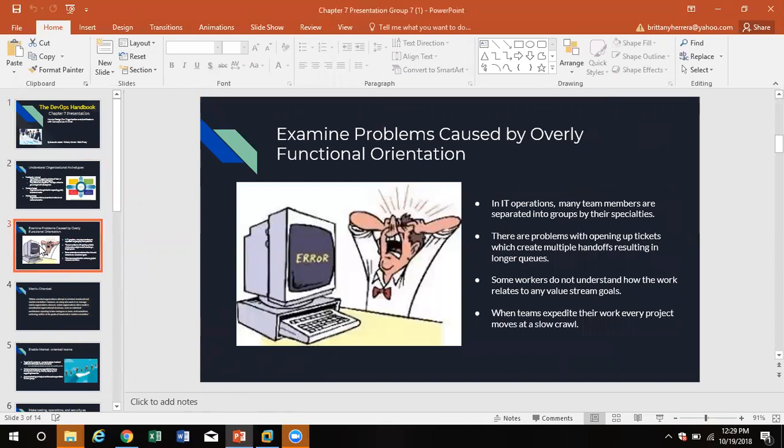So if we're overly functional, which is by expertise, in IT, many team members are separated into groups by their specialties. And so there ends up being lots of different groups, lots of open tickets, lots of handoffs. Some workers don't understand other workers' impacts, and they expedite their work downstream.